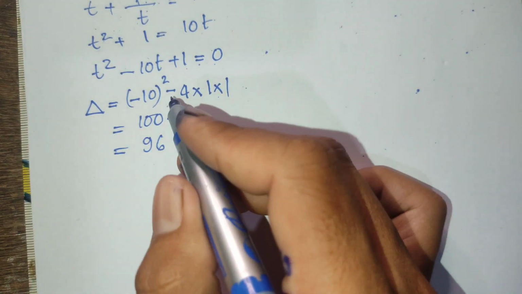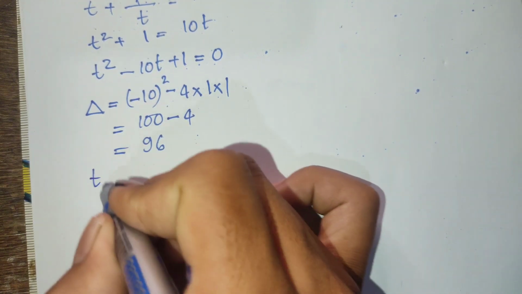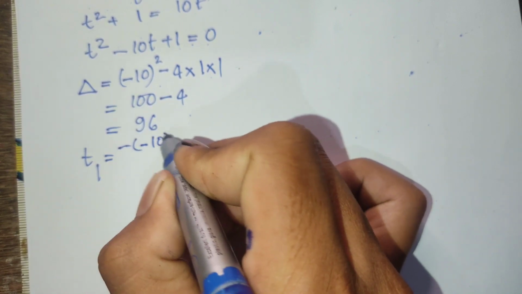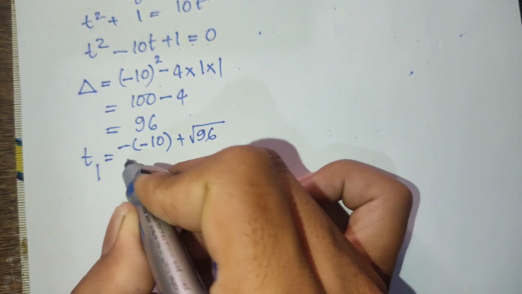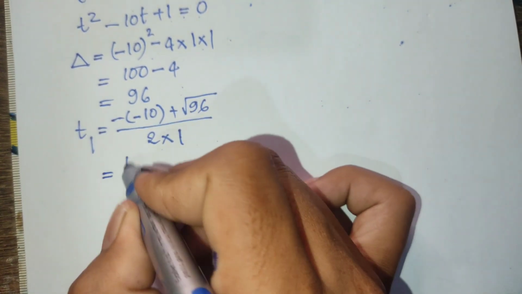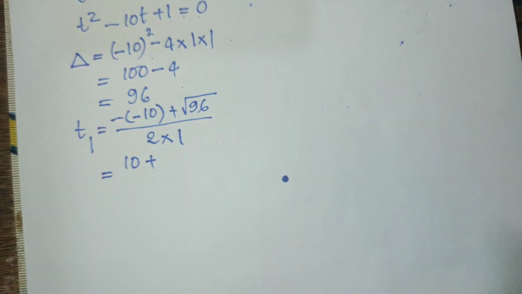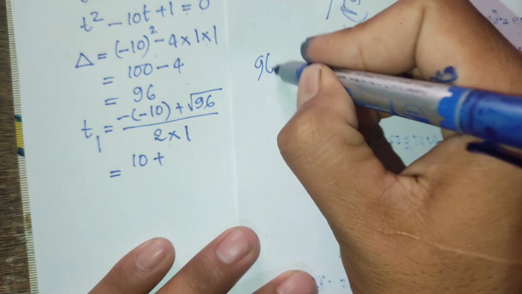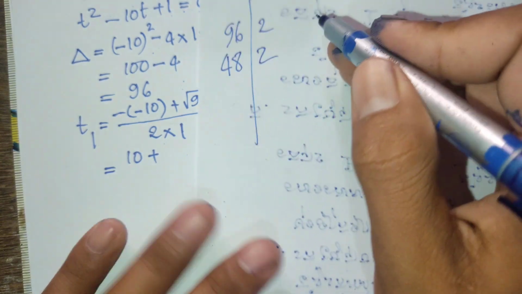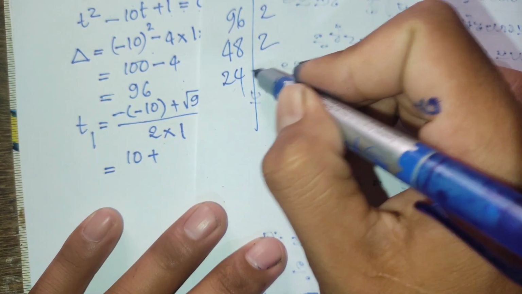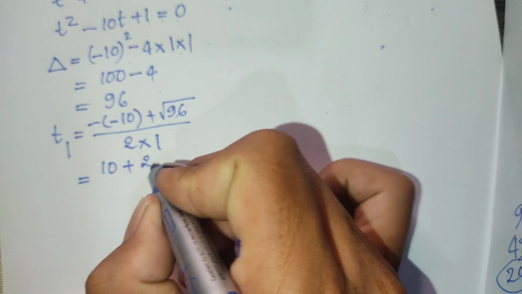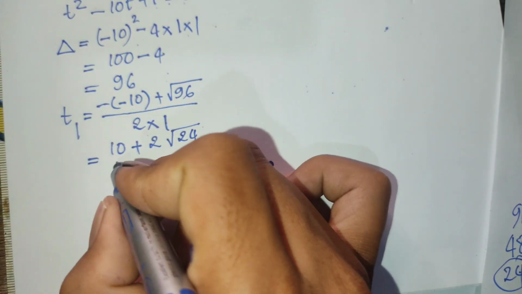Okay, now we get the values of t: t1 is equal to (10 plus square root of 96) divided by 2 times 1. Square root of 96 is 4 times square root of 6... so it is equal to (10 plus 2 square root of 24) divided by 2.